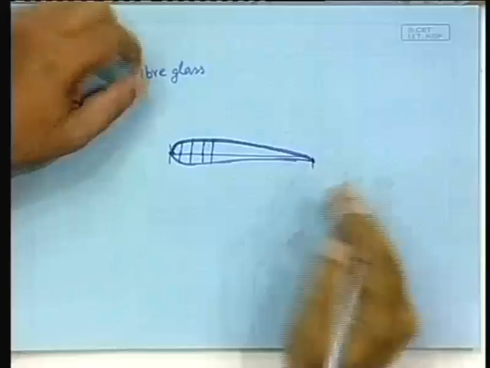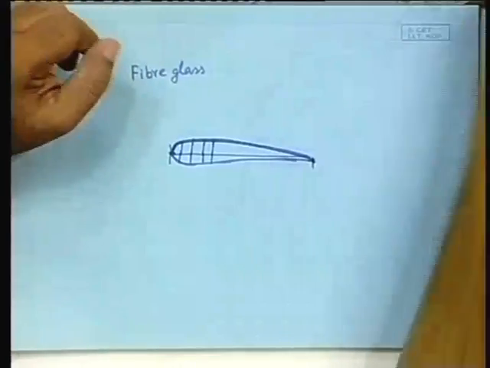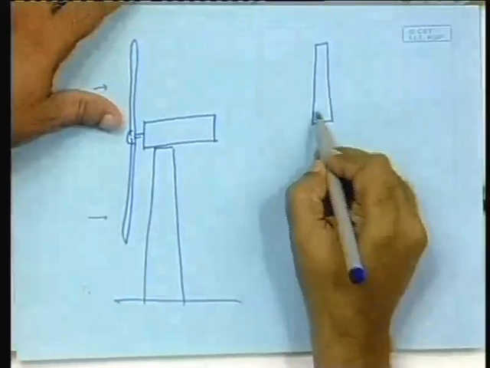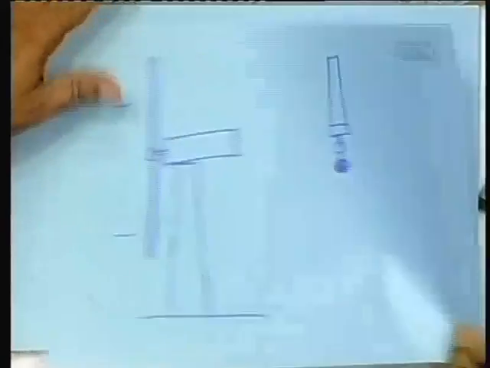Fine. How will you determine the chord? This is the chord from here to here, the length. So, how big should it be?